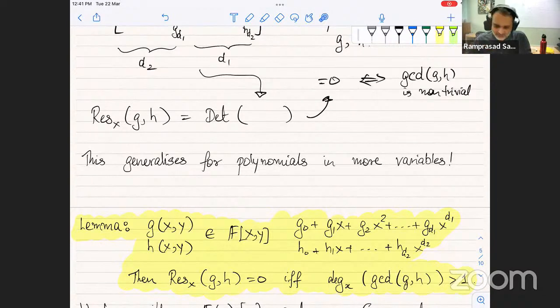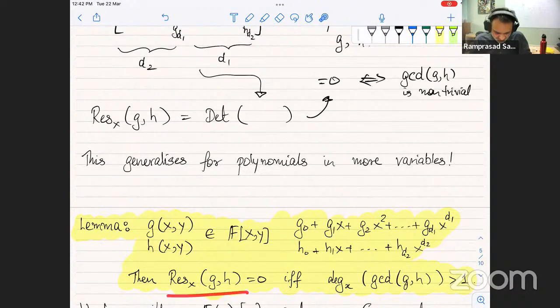I'm going to pretend like these are univariate polynomials in X, but each of these G_1, G_2, whatever, are actually polynomials involving Y's. I look at all terms that involve X to the power D1, collect them all together, and put that in G_{D1}. Look at all terms in X to the power D2, collect them together, and put it in G_{D2}. So each of them is a polynomial in the Y variables. Similarly, I can do the same thing for the H's.